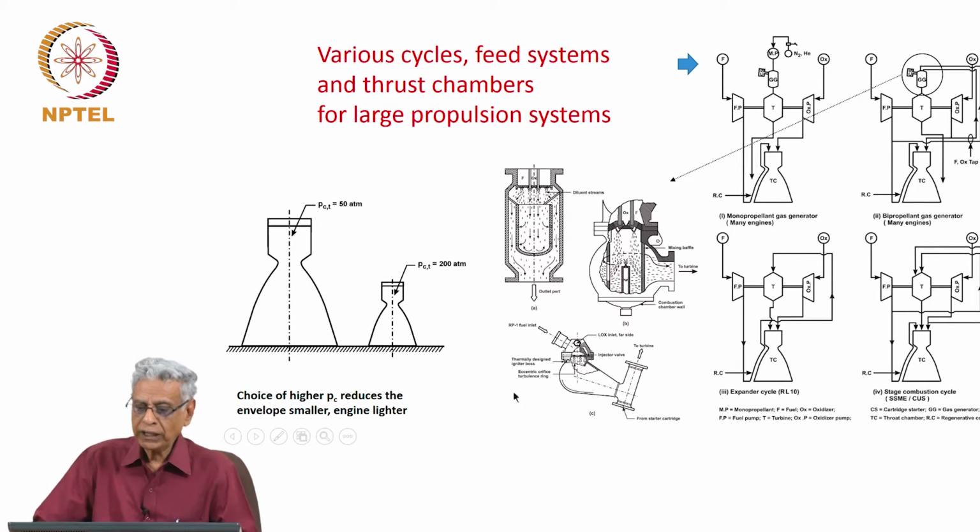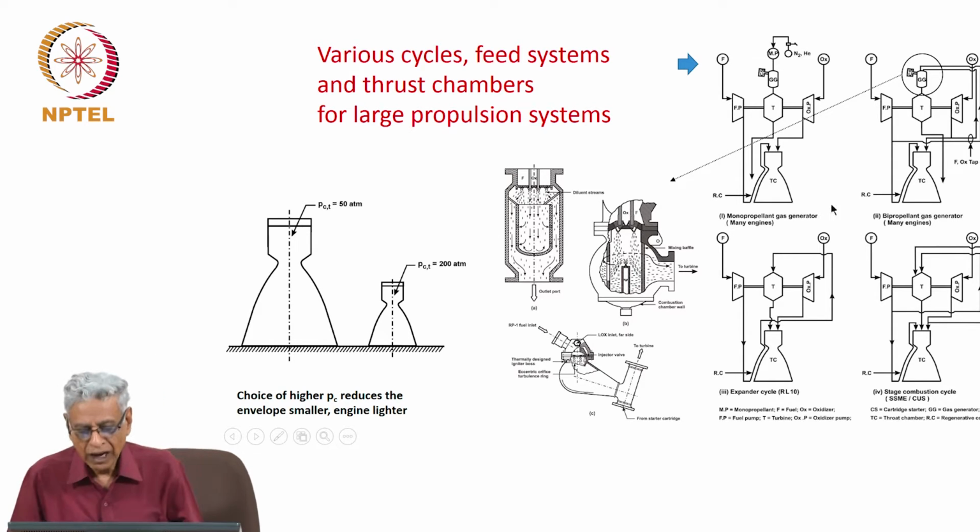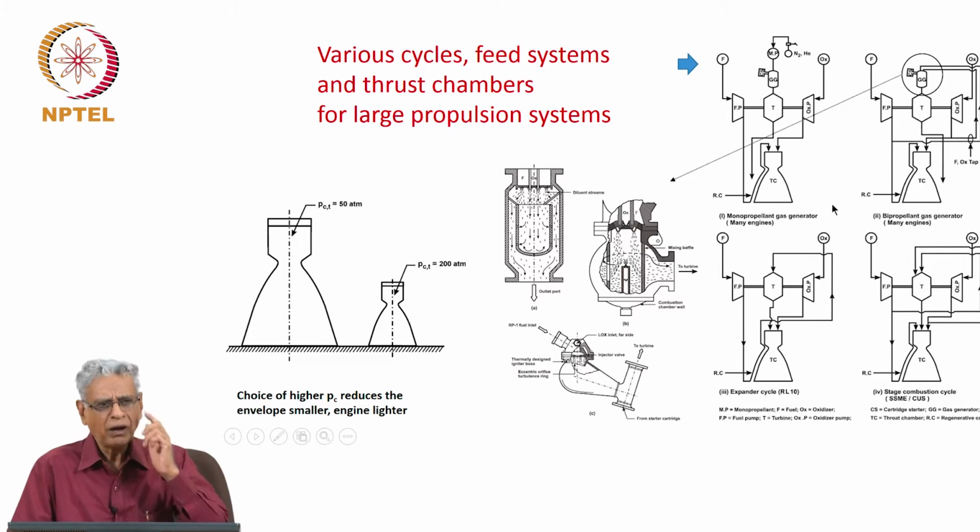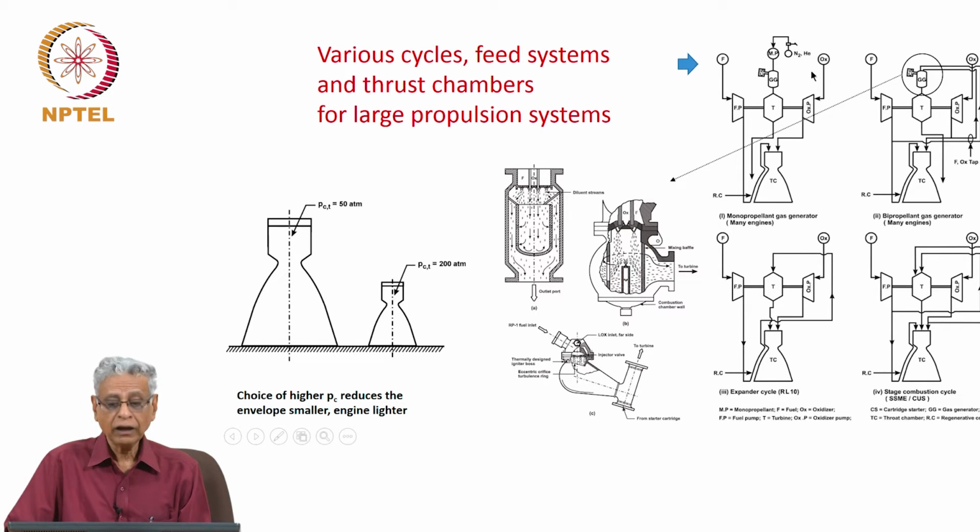And you see here that there are various options for the way you can manage the whole thing. I will show you 2 of them, all others you can actually infer. What you see here is a thrust chamber. Into this you have a turbo pump which is the turbine, fuel pump, oxidizer pump, you have a fuel tank, oxidizer tank.